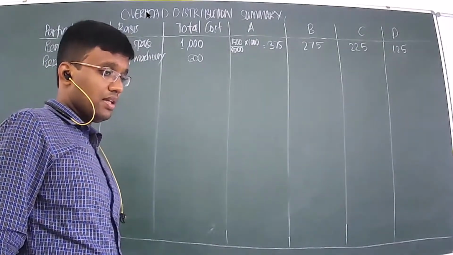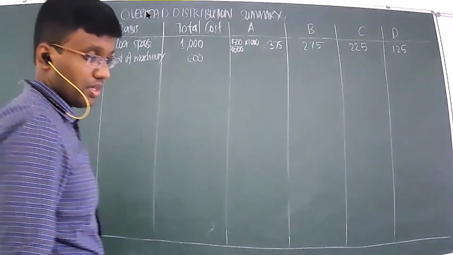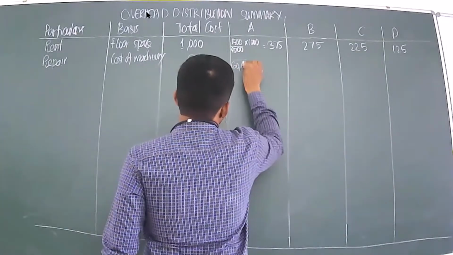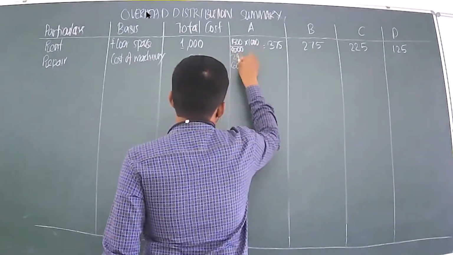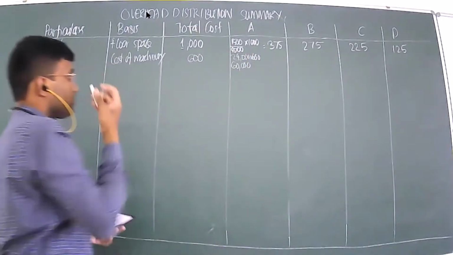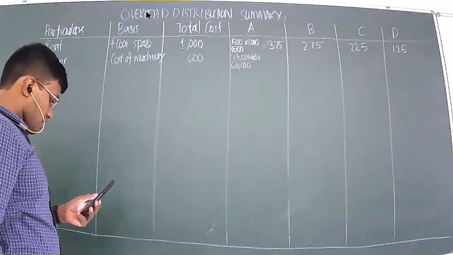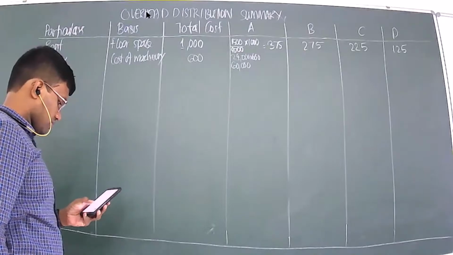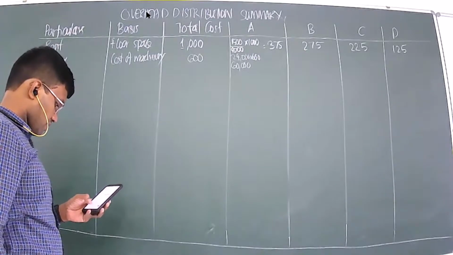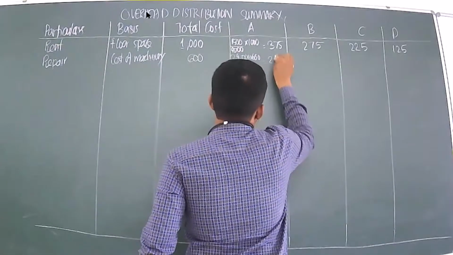We found out that the total value of machinery is 60,000. Department A has machinery worth 24,000, into 600. So let's calculate this. Here it is 240.